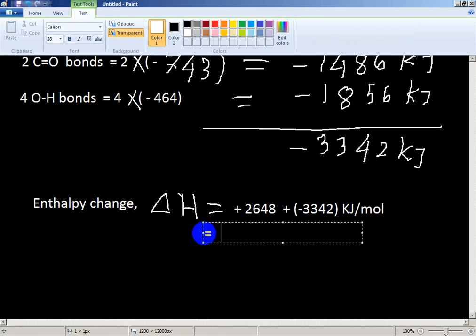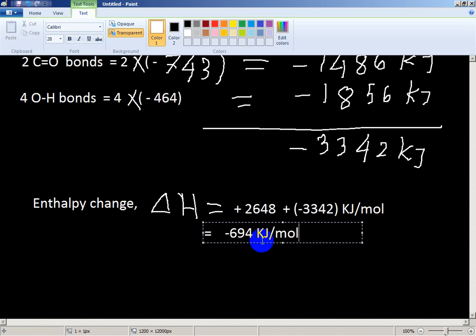Have we calculated? This is a plus a minus a minus. That means minus 694 kilojoule per mole.